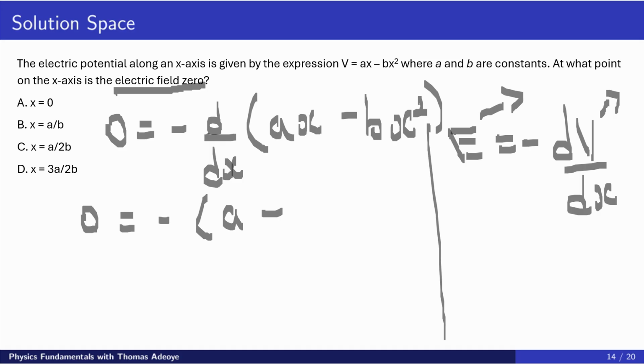If you differentiate 7x cubed, x raised to the power 3, with respect to x, the 3 will come down, and now the power is 3, so you get 3 times 7x squared.